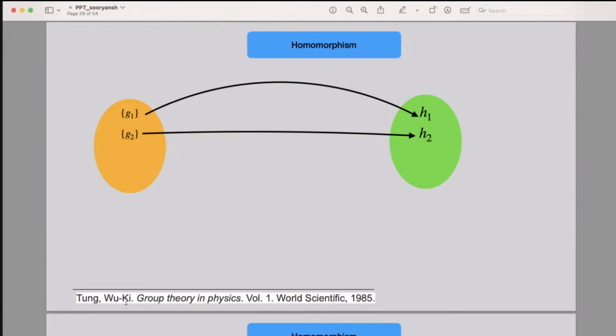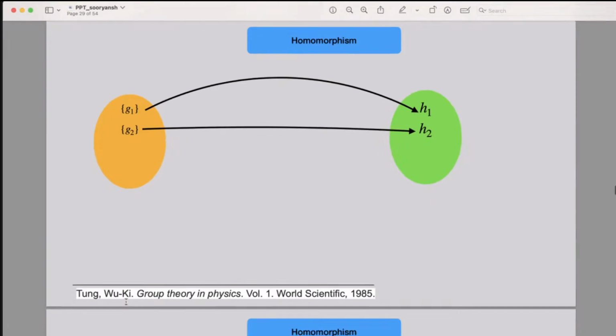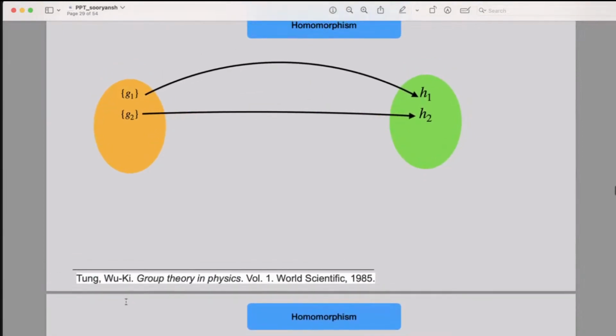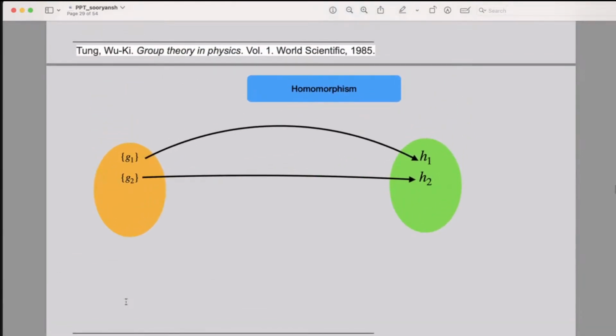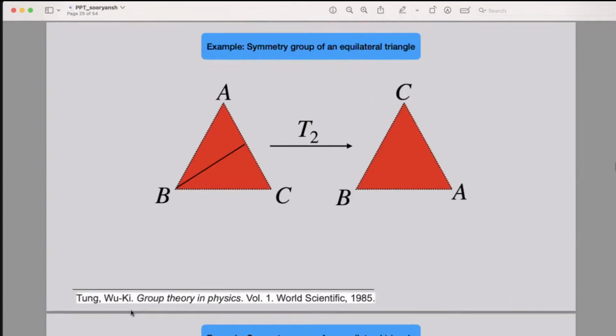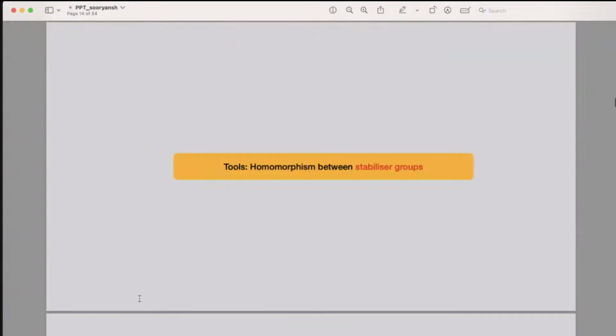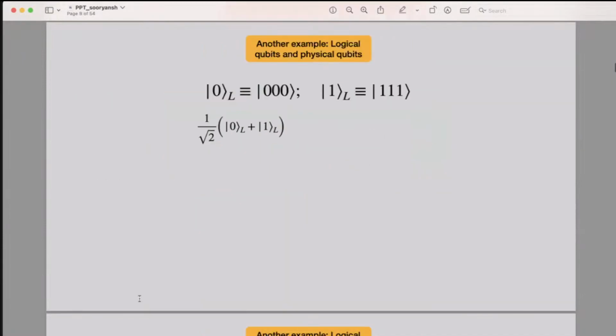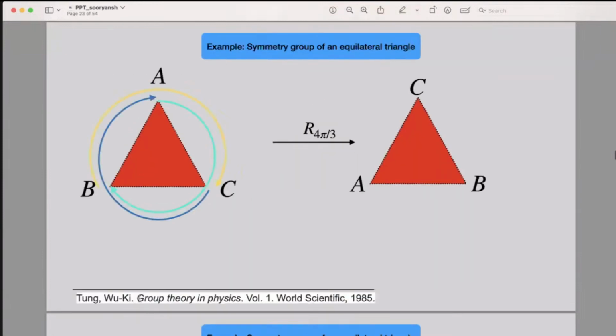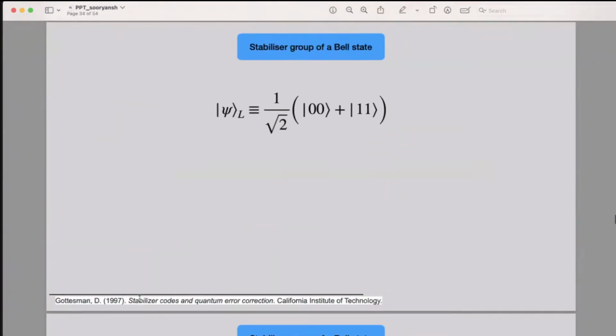Could you show the references which you used, because most of them were invisible due to the size of your slides? This is QIQT23. Then one can look at Daniel Gottesman's thesis in the context of error correction, where the stabilizer formalism has been discussed in great detail.